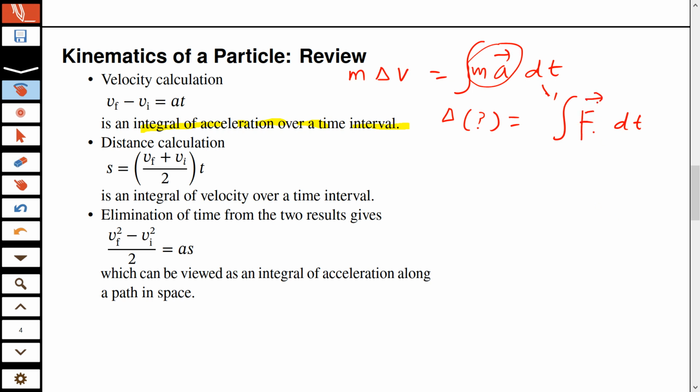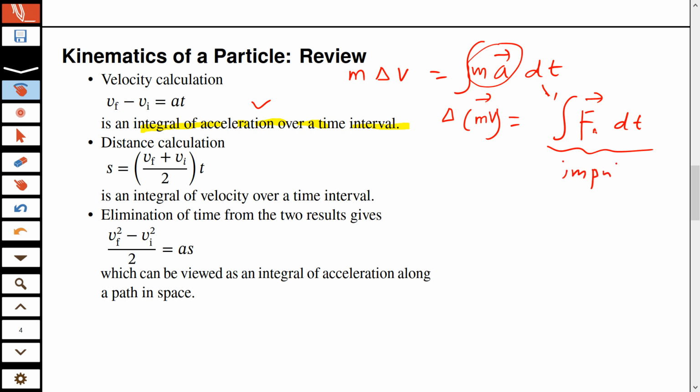I can see this as the integral of force, and here it becomes the change in momentum.